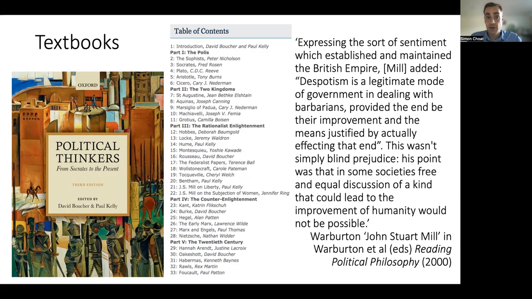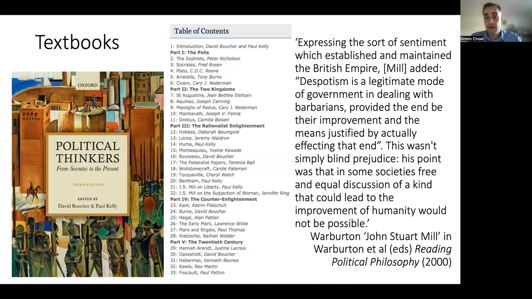And that quotation on the other side of the slide there is from another textbook, Reading Political Philosophy. I've just put that there to show that when the topic of colonialism is raised, it's often quickly dismissed. So this is a discussion in the chapter on John Stuart Mill, where reference is made to Mill's defense of imperialism, colonialism.